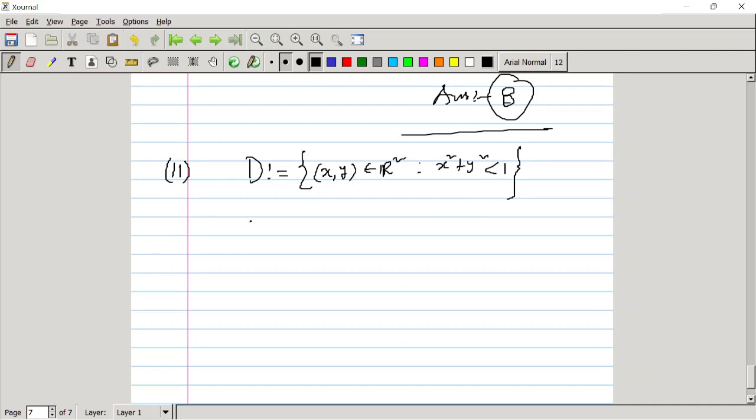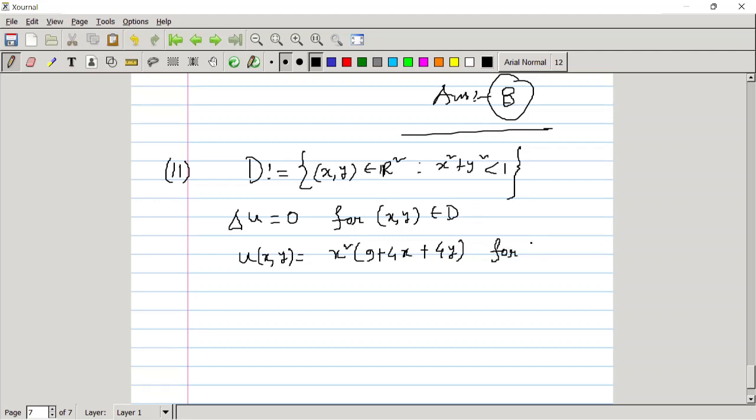This is D and u is the solution of this equation, Laplacian of u is 0 for (x,y) in D, and u on the boundary is x square into 9 plus 4x plus 4y, for (x,y) on the boundary. Okay, fine. So, do you know anything about Poisson formula, Ruby? Otherwise, I will tell what is Poisson formula.